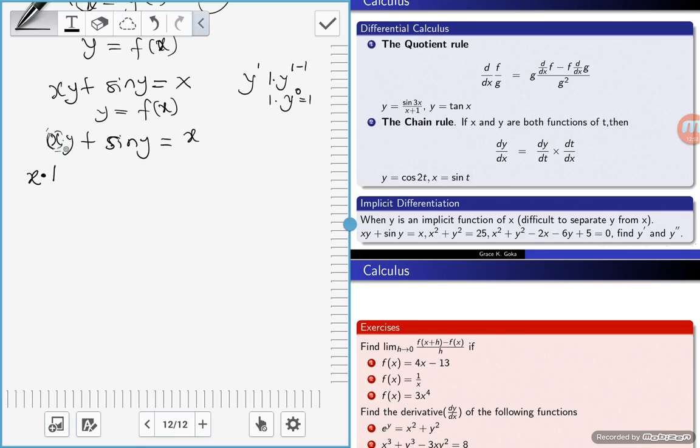But because it's an implicit function, after differentiating, you indicate that you have differentiated a y. So since I differentiated y, I indicate that I have differentiated a y with respect to an x. Okay, it's a product of two functions. So if you're keeping the first constant, differentiating the second, you have to add the reverse to it.